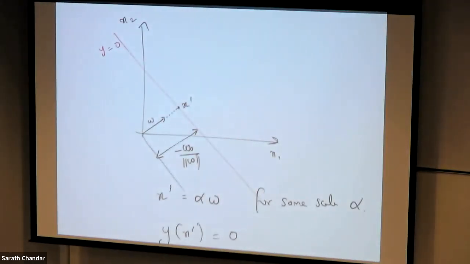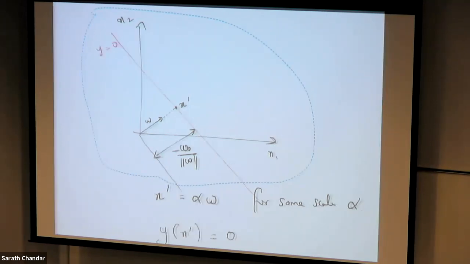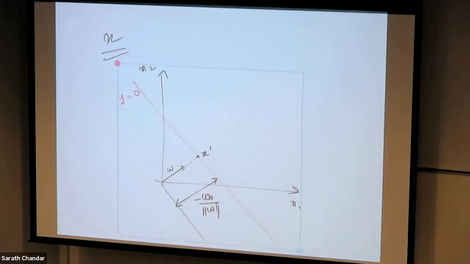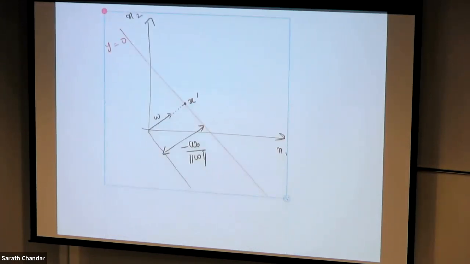Okay, so to understand that, let's consider any arbitrary point X. Again I'm going to draw the same diagram. Maybe let me see if I can copy the diagram without affecting the recording. Okay, let's see if it works.